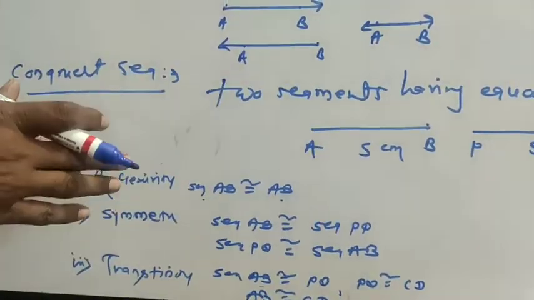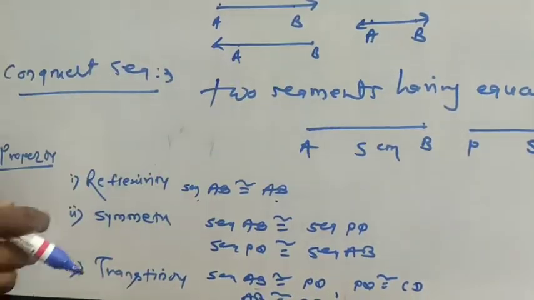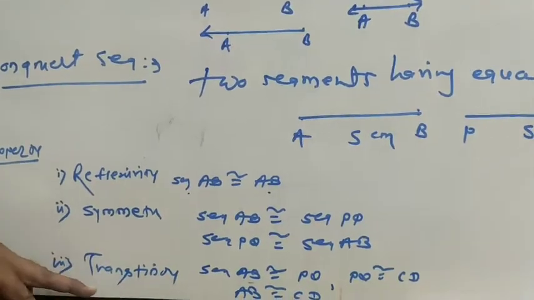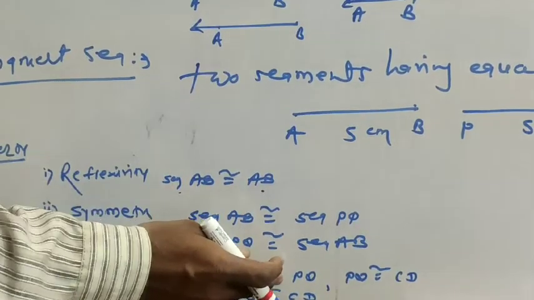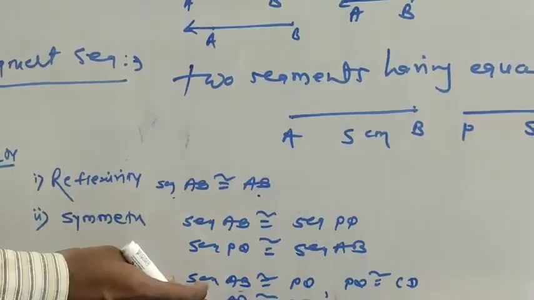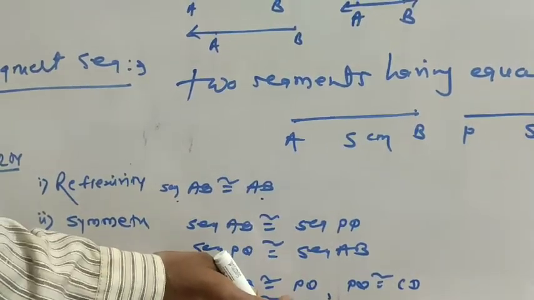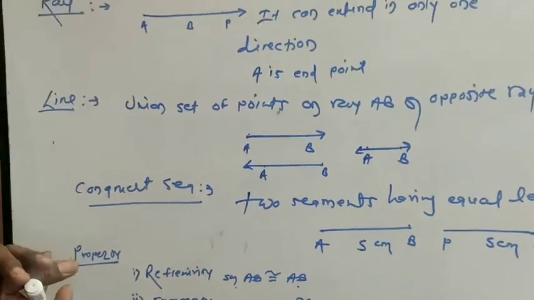Third, transitivity. If segment AB is congruent to segment PQ, and PQ is congruent to segment CD, then segment AB is congruent to segment CD. These are the properties of congruent segments.